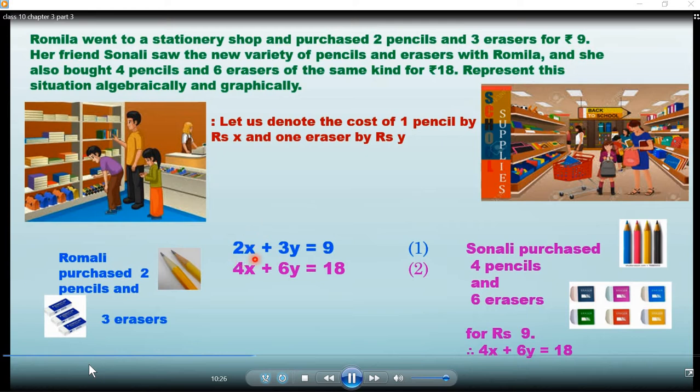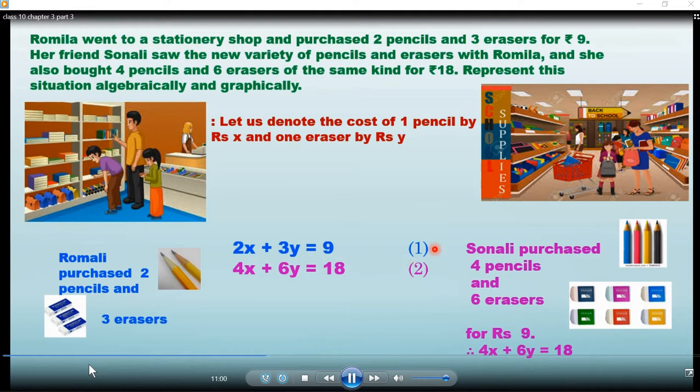So we have to denote the cost of one pencil by rupees X. If one pencil is costing rupees X, then 2 pencils will cost 2X. If one eraser is costing rupees Y, 3 erasers will cost 3Y. And the condition is that she is purchasing these 2 pencils and 3 erasers for rupees 9. So the condition is applied.